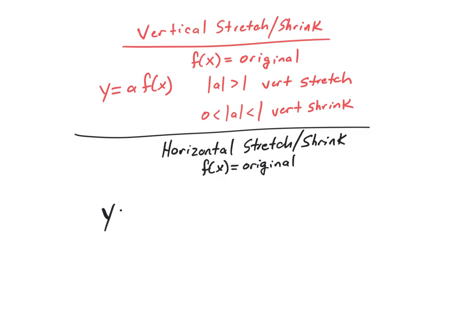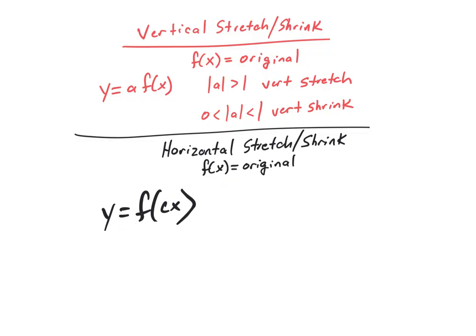This time, we're going to put the c value on the inside, okay? Here I used the a value, and the a value is out in front. Here the c value is the new number that we're adding to the function, and it's going to be on the inside of the function.